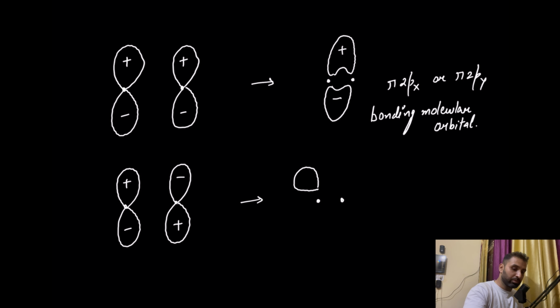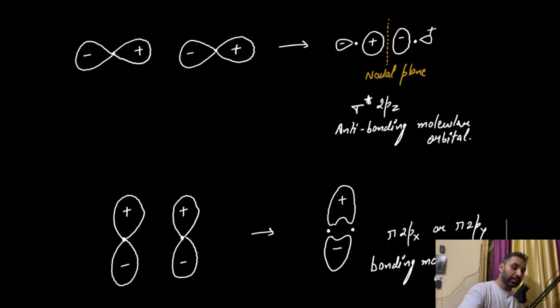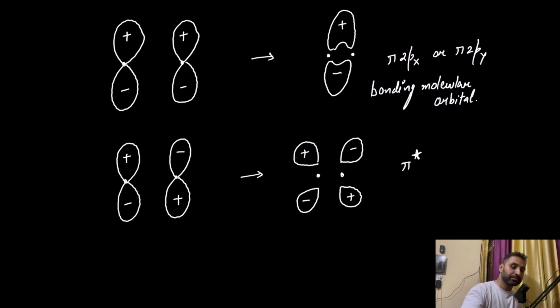We got one lobe over here. We got second lobe over here. That's the third lobe over here. And the fourth lobe over here. Plus, minus, plus, minus. And that's the pi star now because it's an anti-bonding molecular orbital.